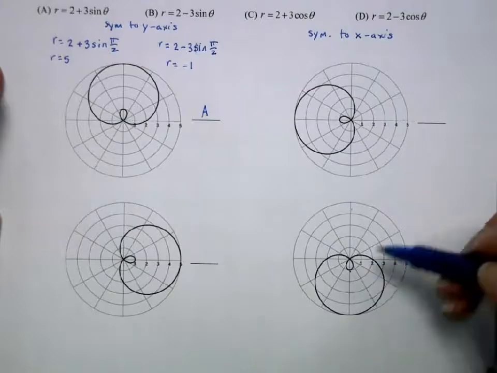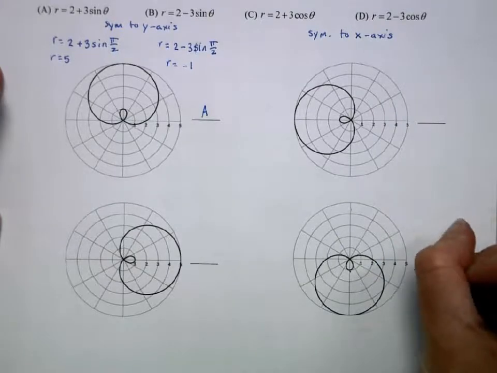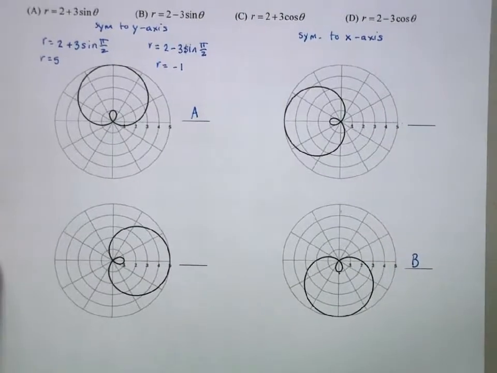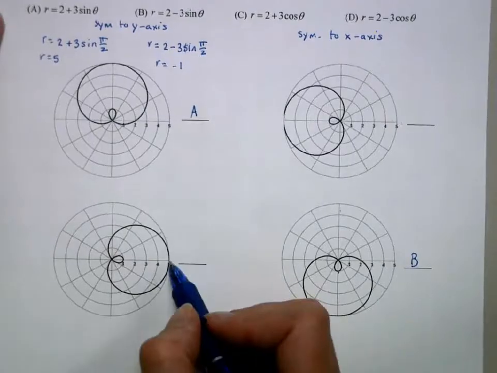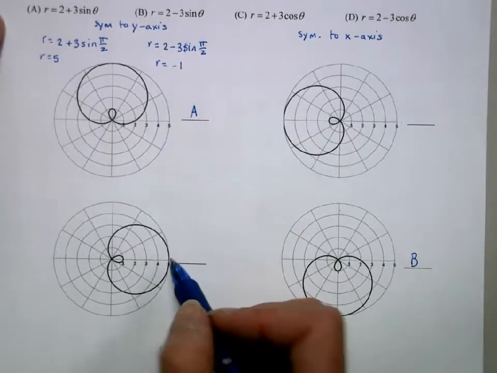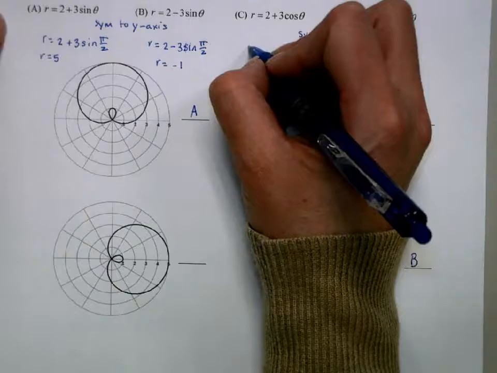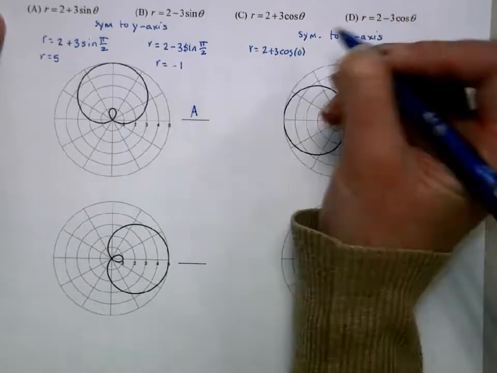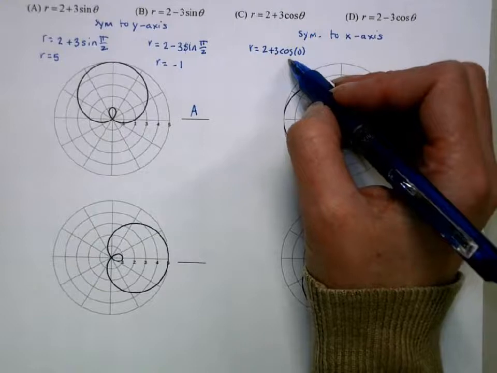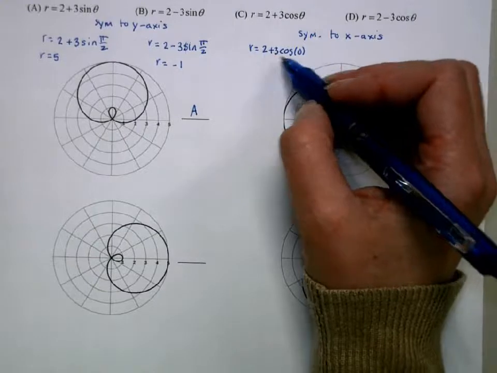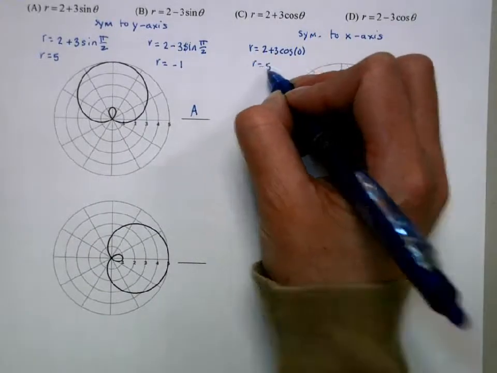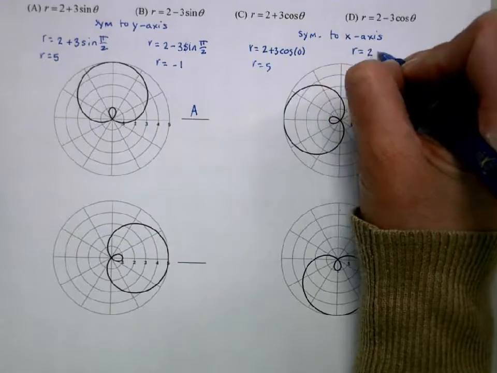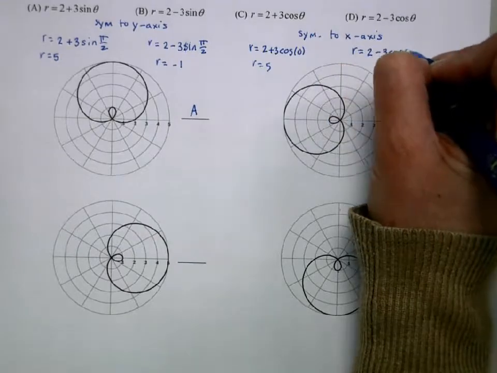Same thing with the cosines. In this one, I'm going to plug in 0 to see what happens. Cosine of 0 is 1, so this one gives me an R value of 5. Cosine of 0 is still 1, so this would be 2 minus 3, which is negative 1.